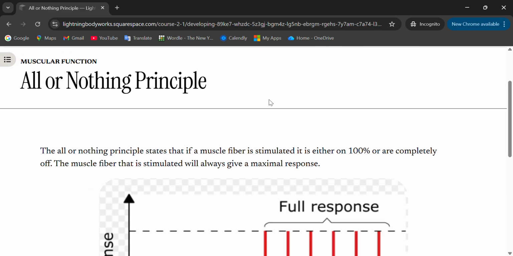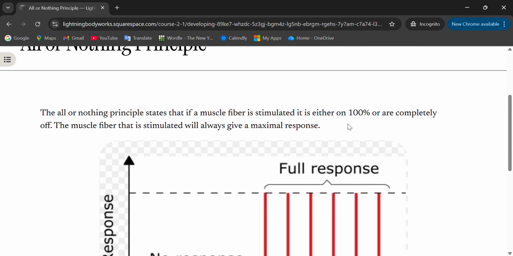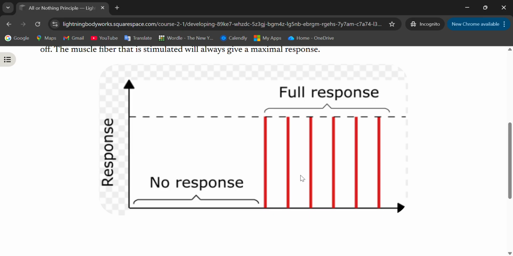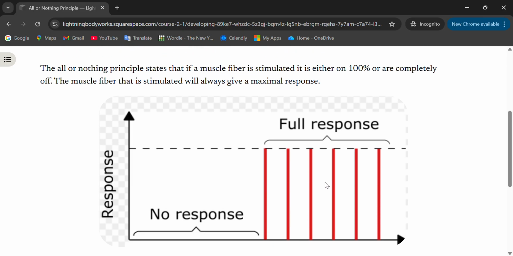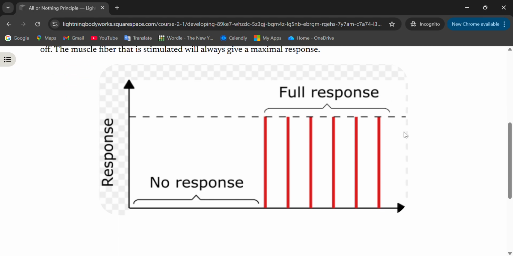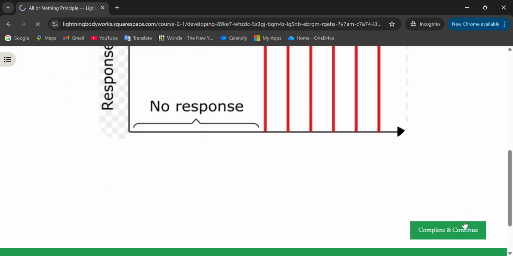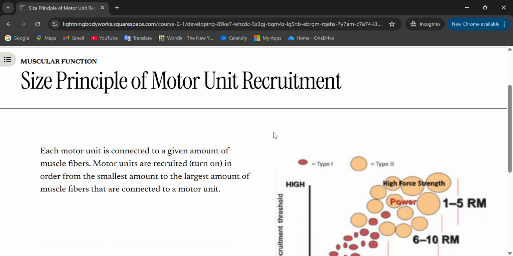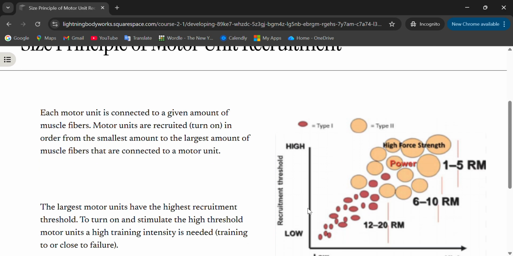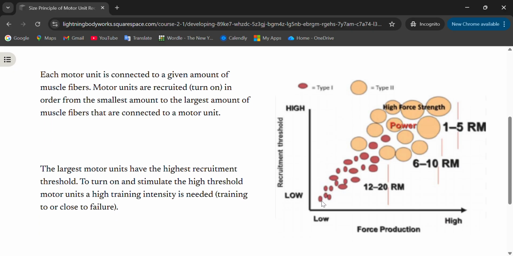The all or nothing principle states that a muscle fiber is either 100% on or 0% on. That's the all or nothing principle for a single muscle fiber. So we can turn on more and more muscle fibers as force production goes up.